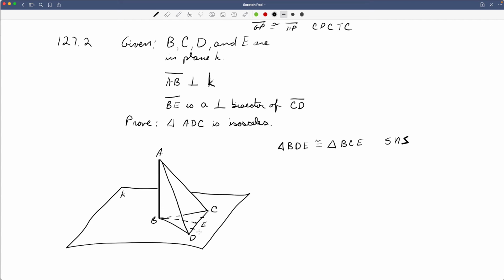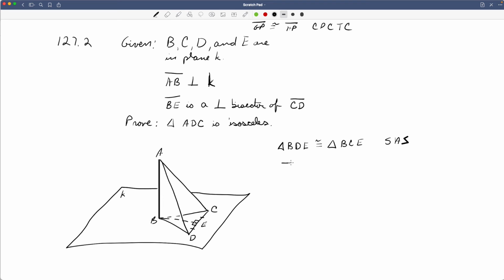The angles at E are both right angles right here. These are both right angles because that is a perpendicular bisector. BE is a perpendicular bisector of CD. So these are right angles. That's part of the given. Okay. So that means that BC and BD are congruent.